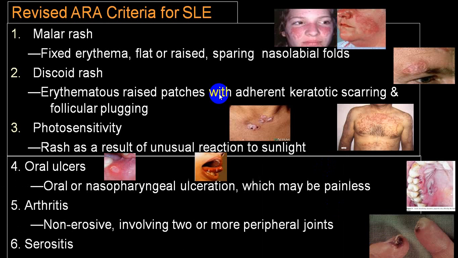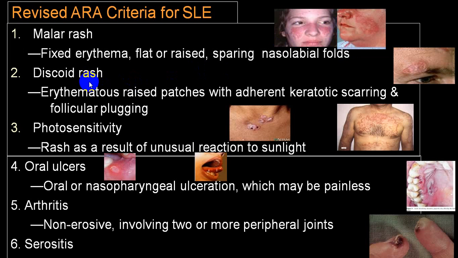Now these are the common revised criteria by the ARA. We are putting them one by one. Malar rash, which is a fixed erythema, flat or raised, sparing the nasolabial fold, and that's why it is described as a butterfly rash.